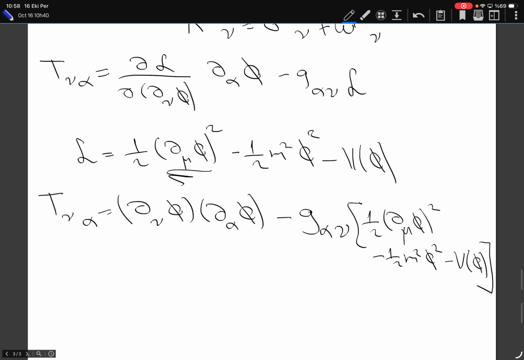One thing I want you to see in this energy momentum tensor is that T nu alpha is actually equal to T alpha nu. It's a symmetric energy momentum tensor.